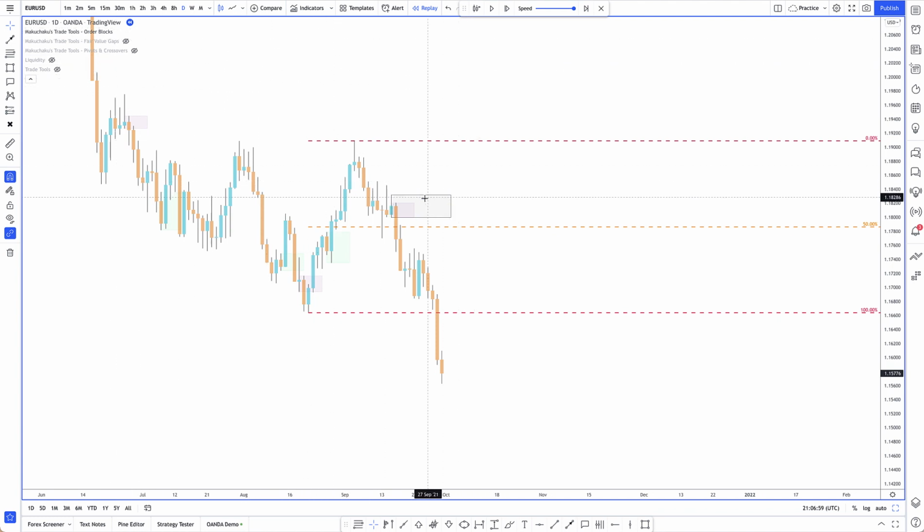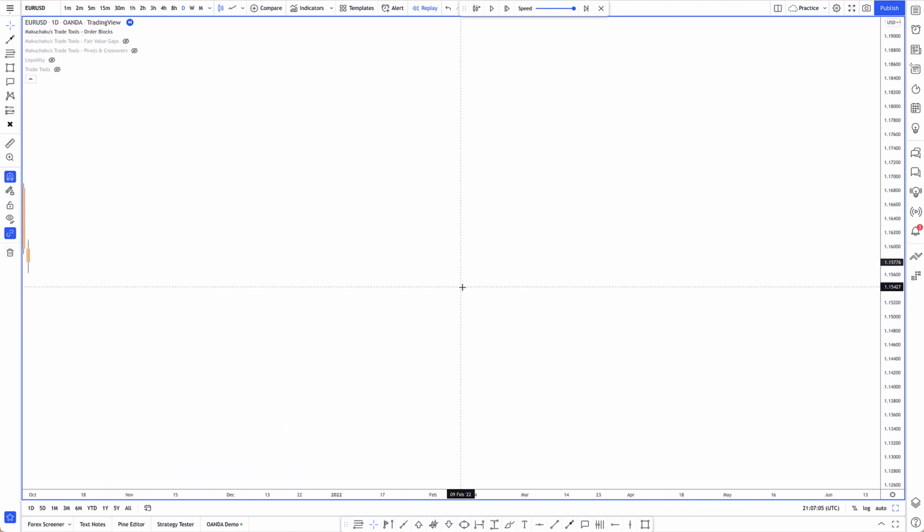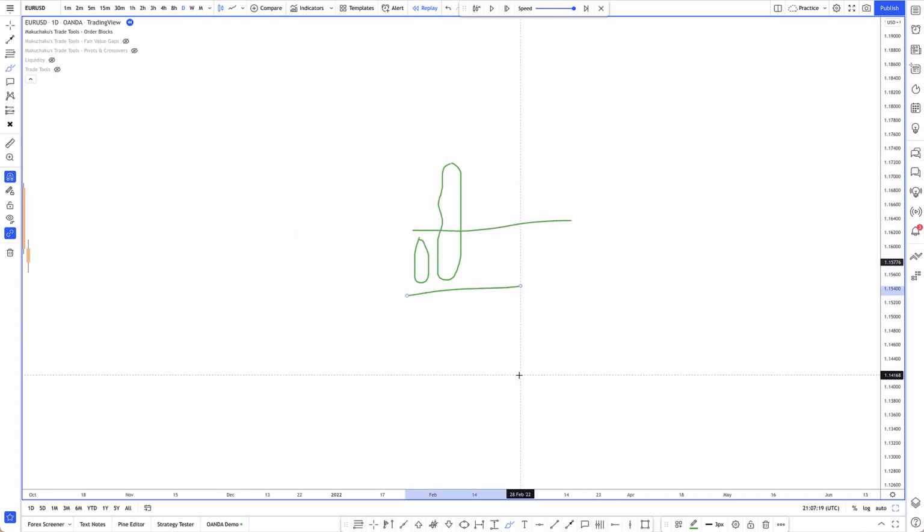Just going again in a summary, an order block is when, let me get my pen tool out, one candle is completely engulfed by the other candle. This would be an order block. It's a two candle formation.